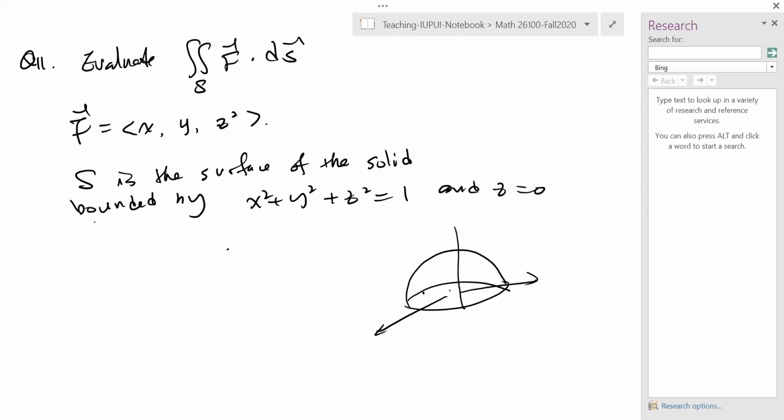So in that case, even without mentioning the divergence theorem, if it's a closed surface, you should use the divergence theorem. Now sometimes you make it a closed surface. The reason is, if I just say S is the upper hemisphere, I'm talking about this a little bit later, okay? So let's use the divergence theorem.